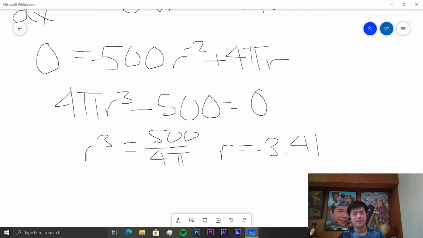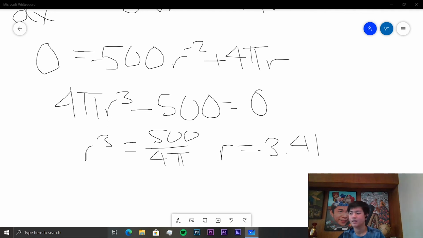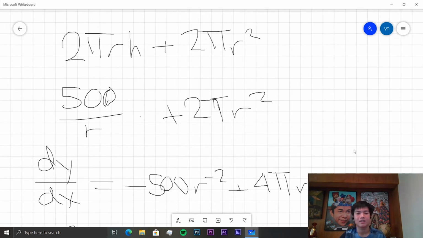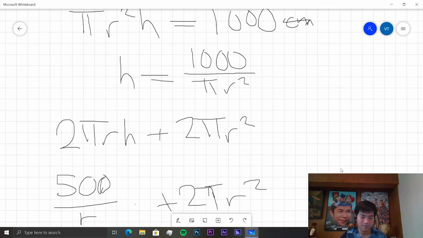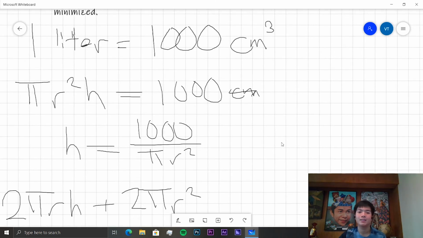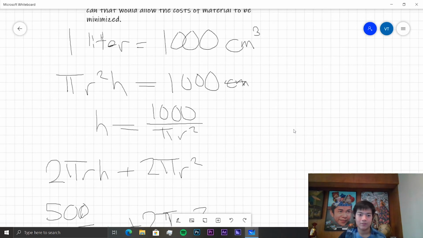What? Hold on. Is this right? Pi r squared h, h equals 1000 over pi r squared. Well, this makes sense, I guess. Let's just put it in to see what we get as the surface area, if it's something reasonable.